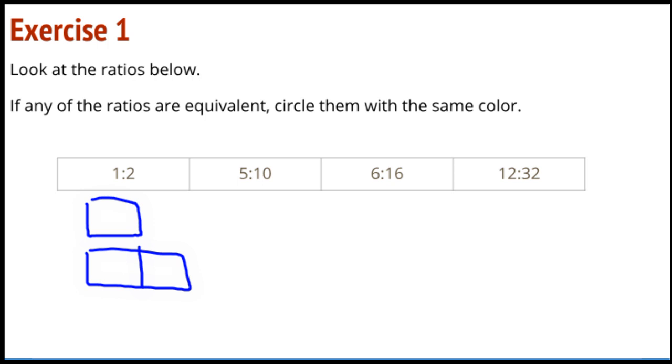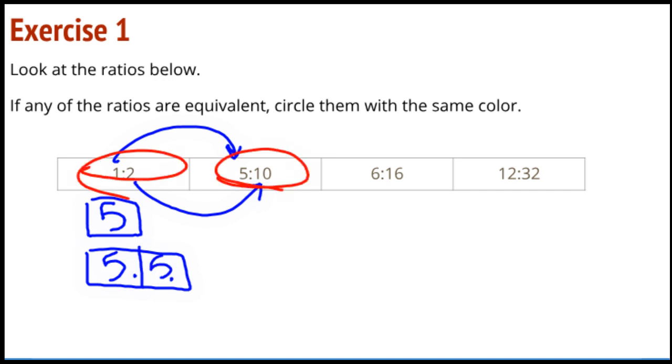Is there a value for c, my constant, that I could put into the boxes and get 5 to 10? Well, I know if I've got 1 and I multiply it times 5, I get 5. And if I multiply 2 times 5, do I get 10? And the answer is yes. So I know that 5 to 10 is equal to the ratio of 1 to 2.